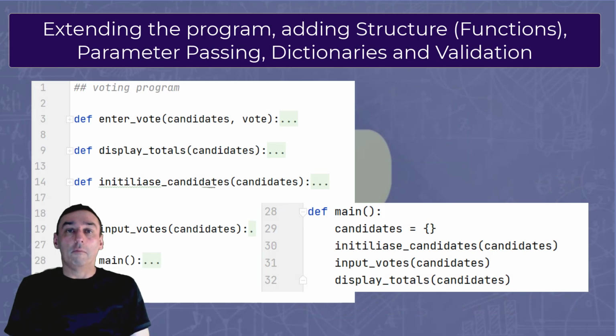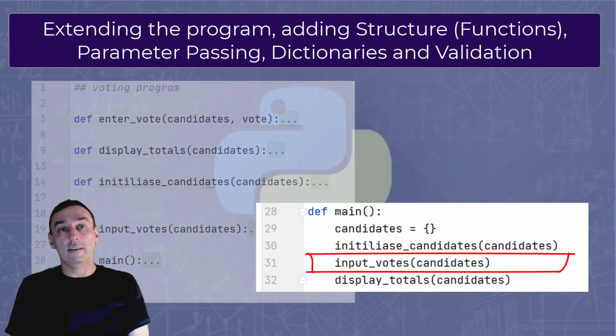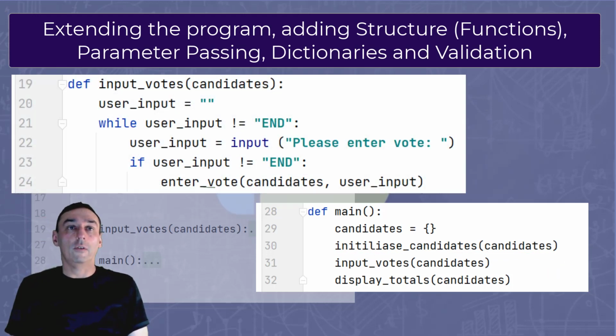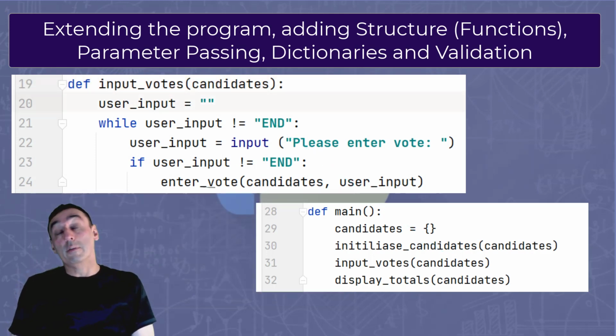So that will return my initialized candidates list, and then we call the input, passing again the candidates dictionary to this new function. So we've got there the input vote, again showing you the candidates dictionary being passed.